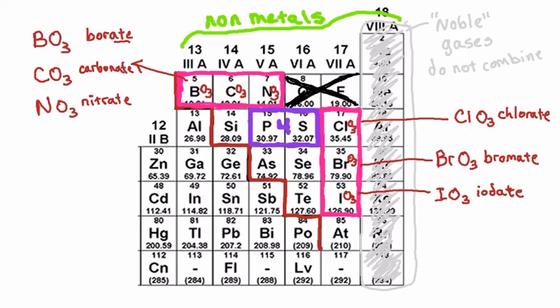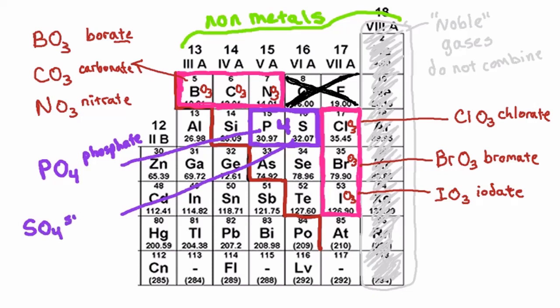So let's write those out, okay? We're going to have P for phosphorus and 4 oxygens, and that's going to be phosphate. And then we have sulfur. Sulfur is going to have 4 oxygens, and that's going to be called sulfate.